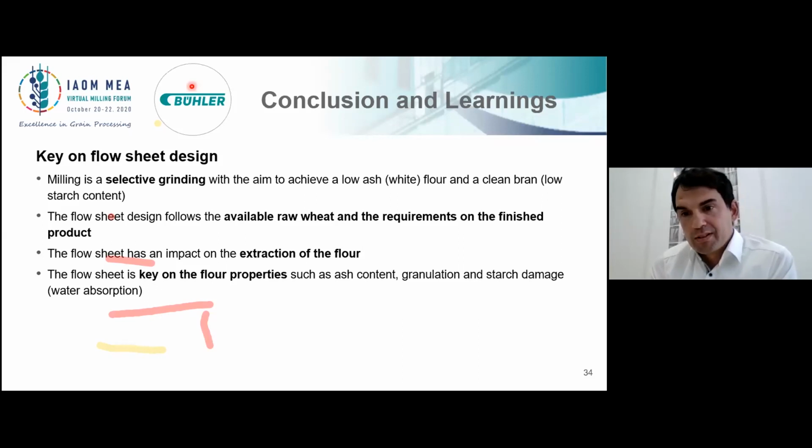The major key is the upper, let's say the coarsest sieve. This is what I explained. We need to look at the granulation of the product coming in, plus 60 to 120 microns. So we need to give allowance to the product to pass. If we don't do that, we have too much of the good semolina flowing to the next break.